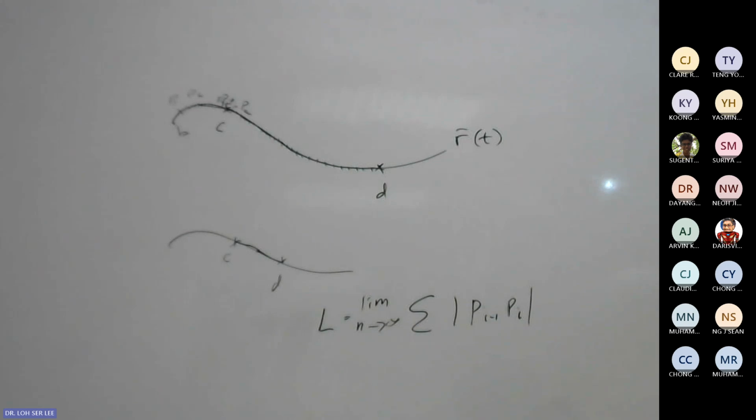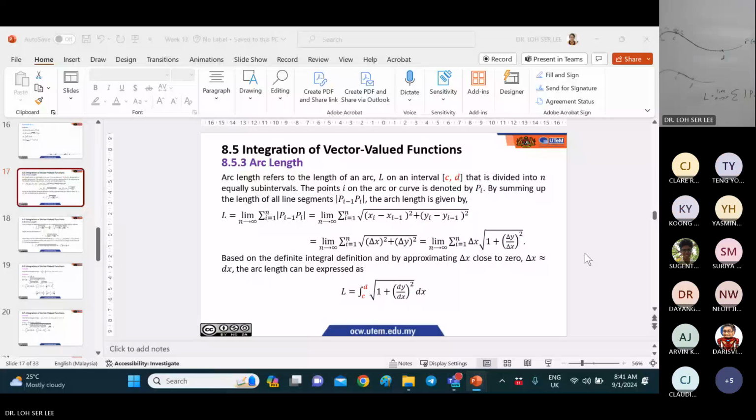So from here, we refer back to the slide. This one is the summation of the distances of all the Pi's. We all know that the formula for the distance between 2 points is given by this one, right?